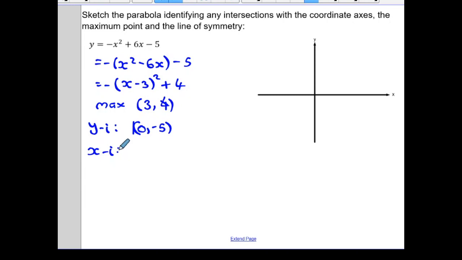For the x-intercepts, this quadratic actually factorizes into x minus 5, x minus 1, negative in front. So our two x values are 5 and 1. Okay, so we've got a maximum at 3, 4, y-intercept at minus 5.